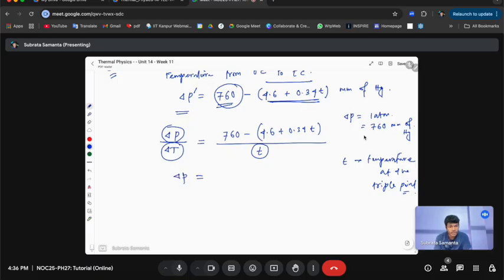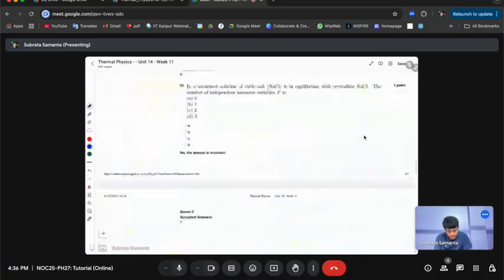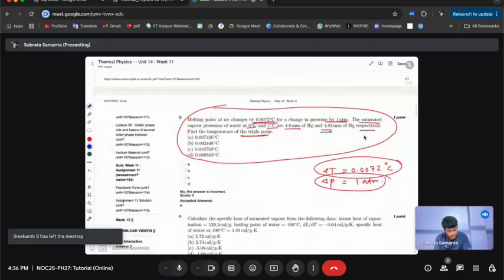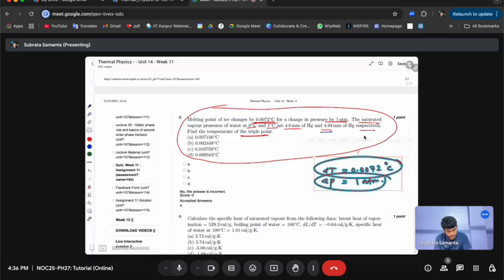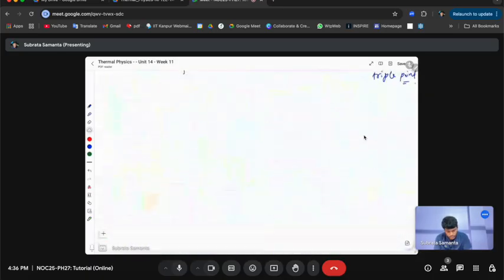So what is delta P? Delta P is this. I copy this to the data that is given in the problem.